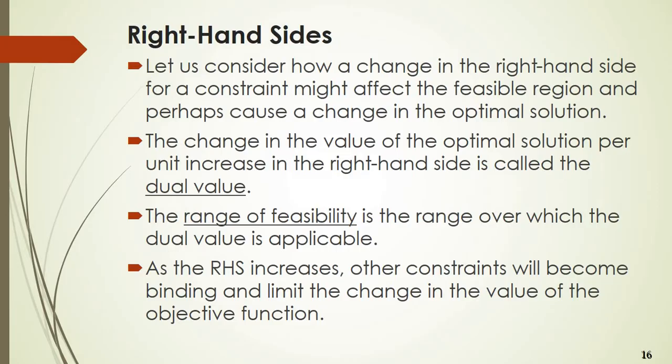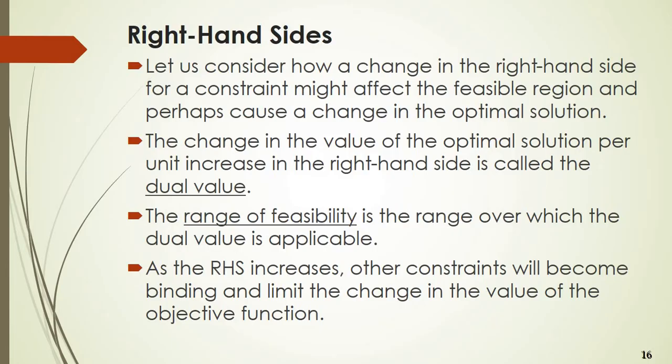We proceed with the right-hand sides. Let us consider how a change in the right-hand side for a constraint might affect the feasible region and perhaps cause a change in the optimal solution. The change in the value of the optimal solution per unit increase in the right-hand side is called dual value.